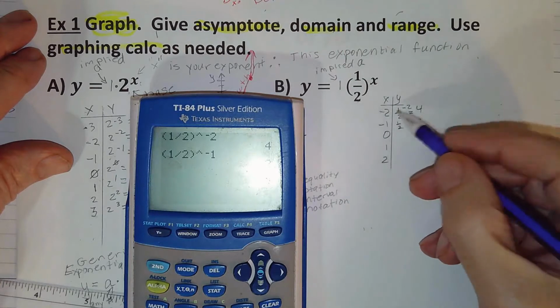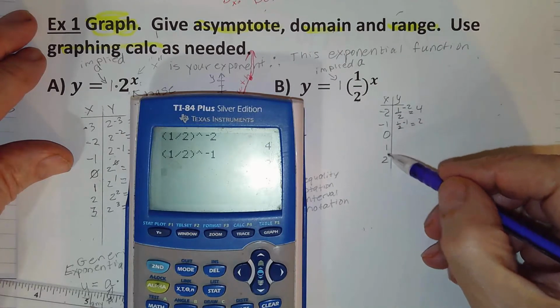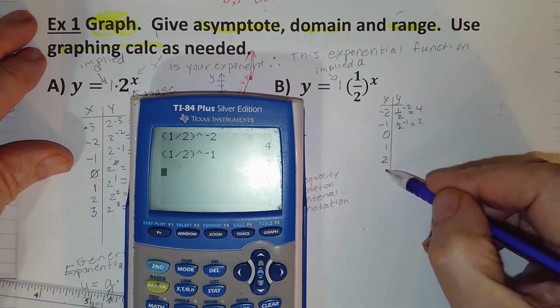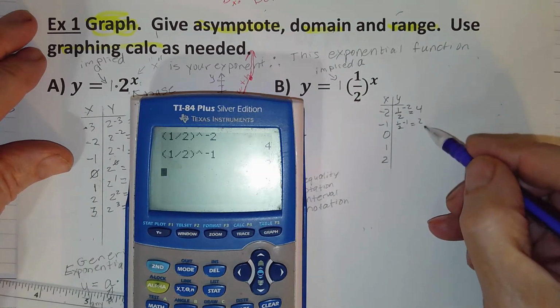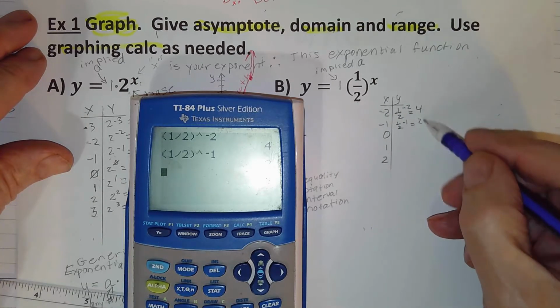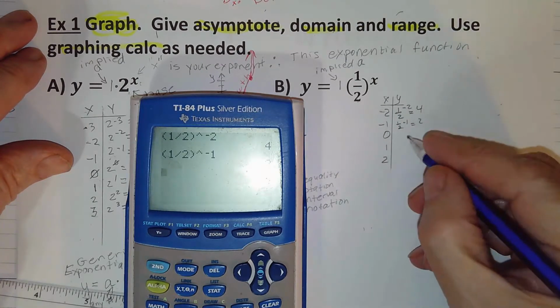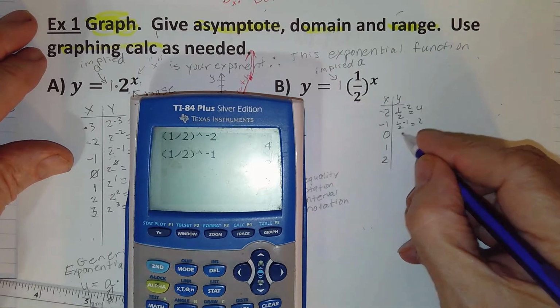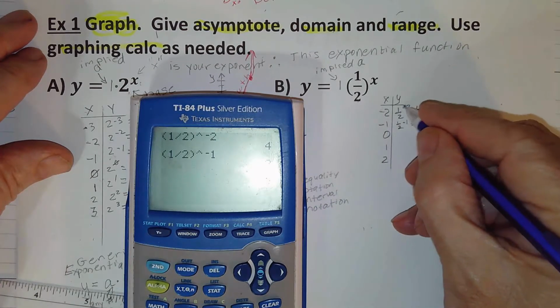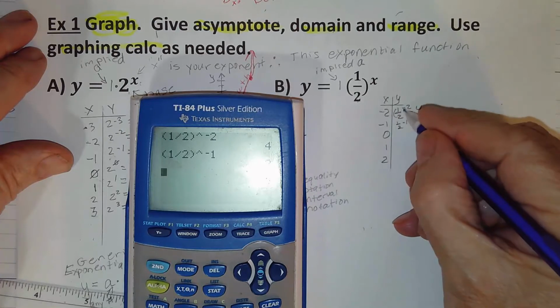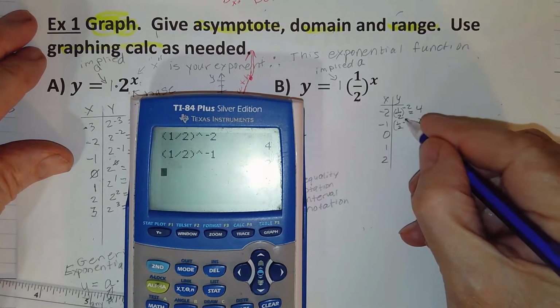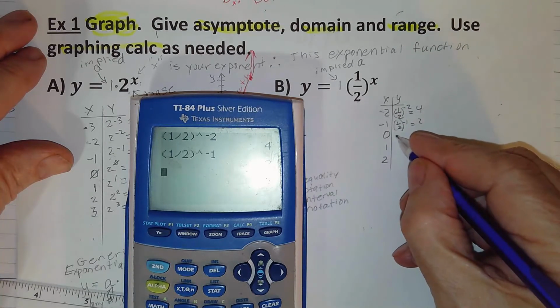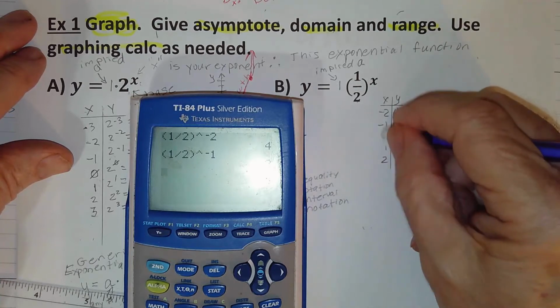Oh, that's interesting, as the exponents get higher, because these are going from lowest to highest, the answer is going from highest to lowest, or it appears to be. Let's see if it holds true. Well, this is 1/2. Let me put these in parentheses.